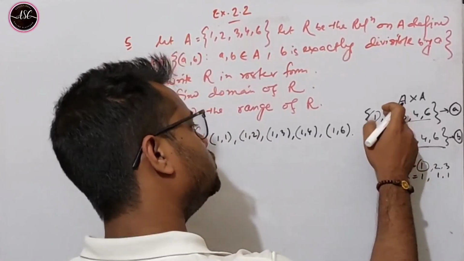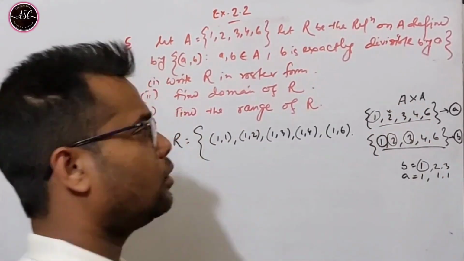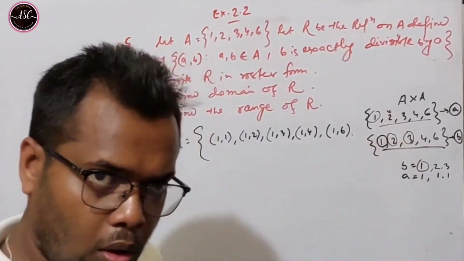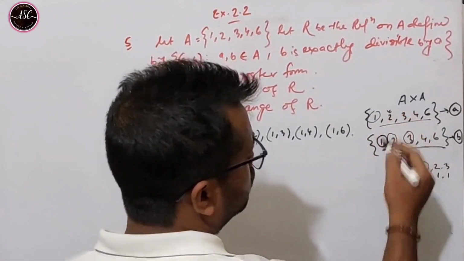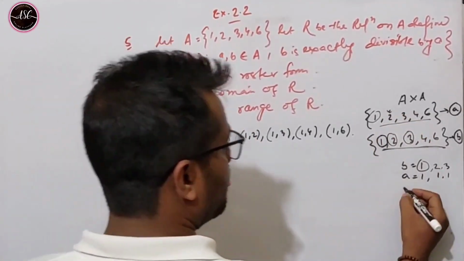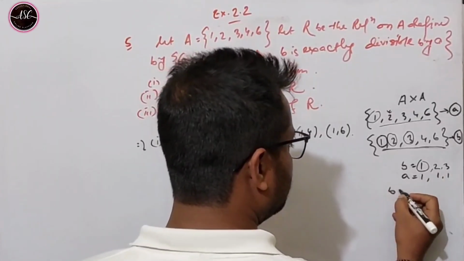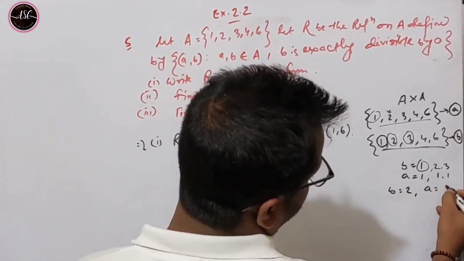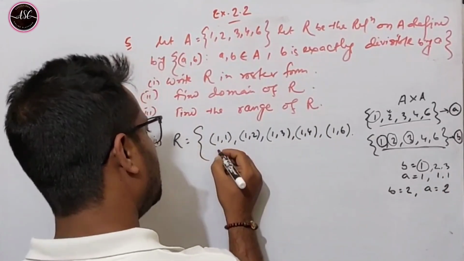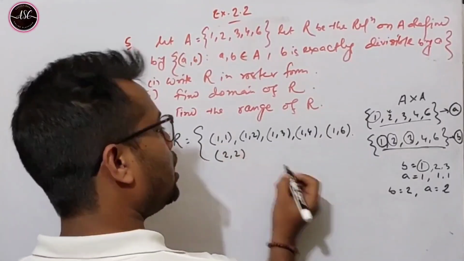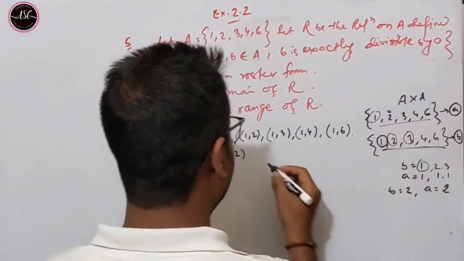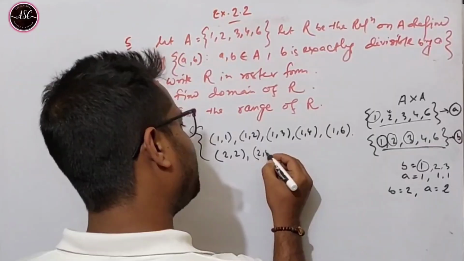Okay, now from the element 2, which is the multiple of 2? So 2 is a multiple of 2. So if b equal to 2, then a will be 2. So this can be (2, 2). Then the multiple of 2 will be 4, so (2, 4).